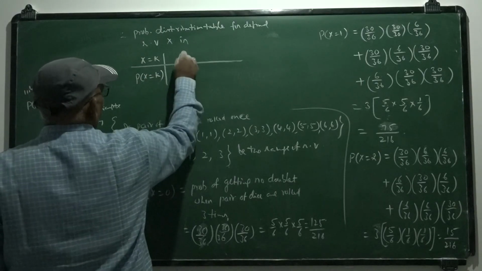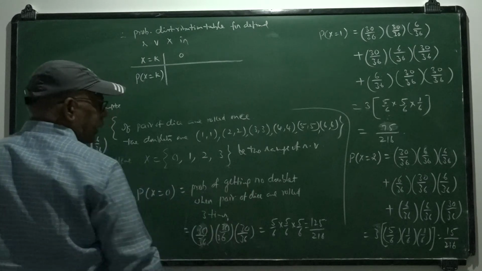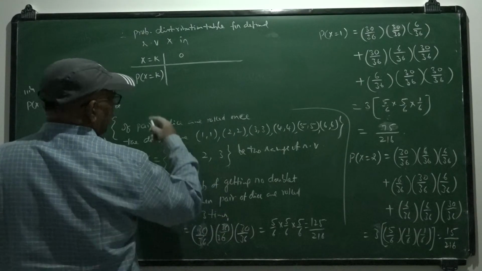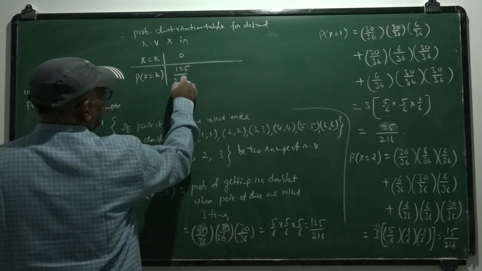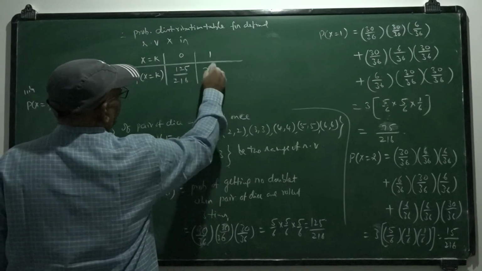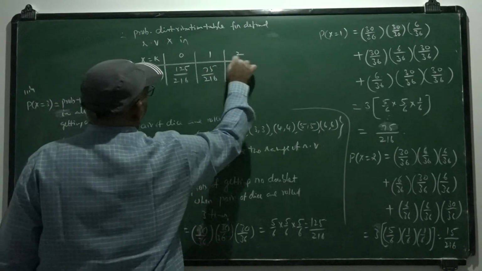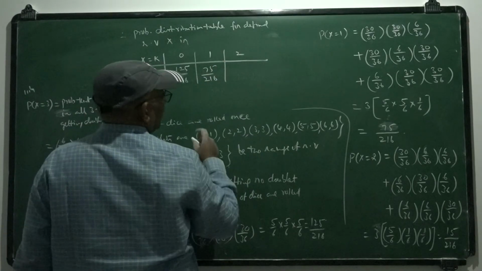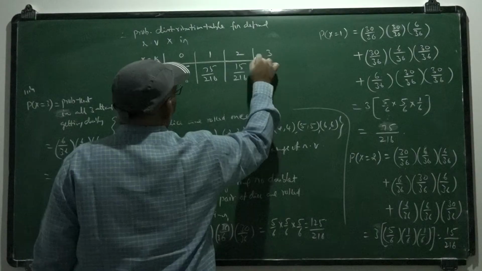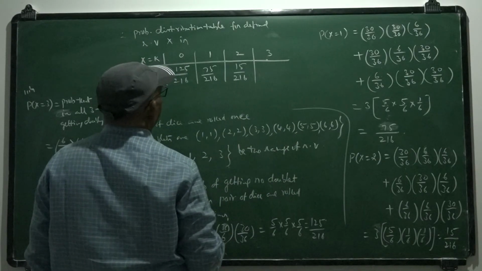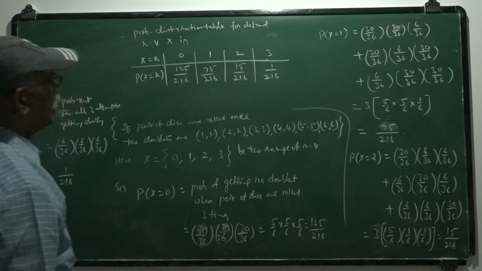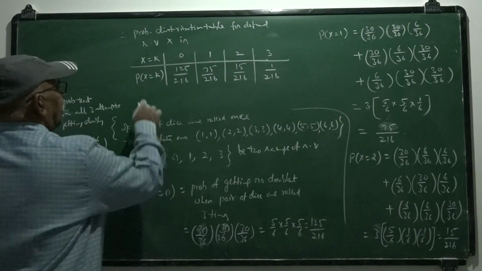If k takes the value 0, the corresponding probability, that is, the probability of getting no doublet when a pair of dice is rolled 3 times, is 125 by 216. Getting a doublet only once is 75 by 216. Getting a doublet 2 times out of 3 times is 15 by 216. Getting a doublet all 3 times is 1 by 216. So the total is 216 by 216.